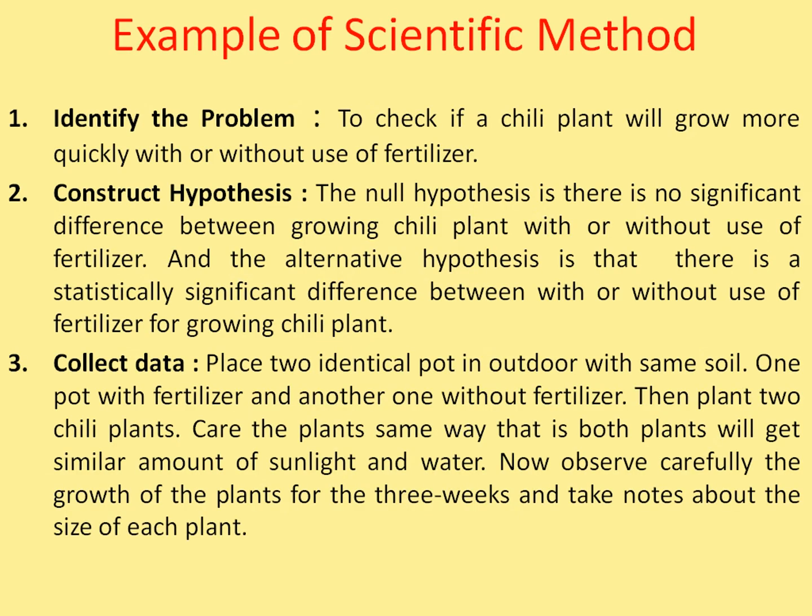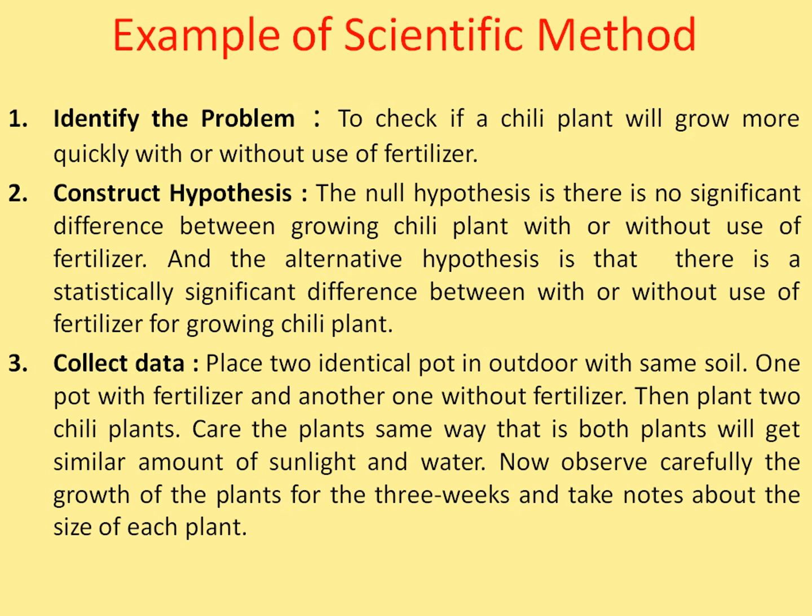Example always makes any topic clear. I have added an example of scientific method. The first step is to identify the problem: to check if a chili plant will grow more quickly with or without the use of fertilizer. Step 2 is construction of hypothesis.